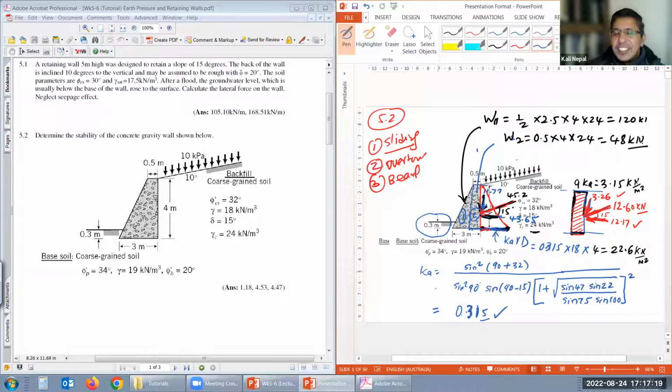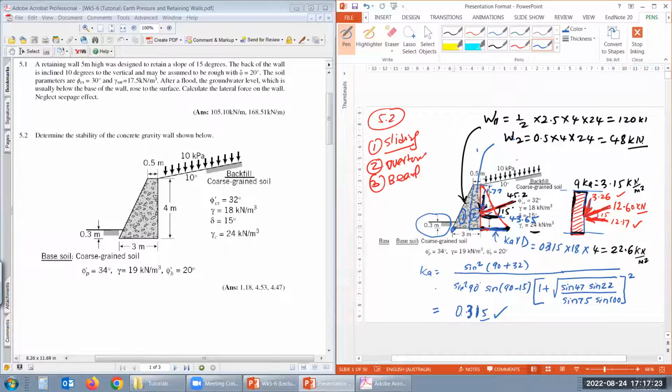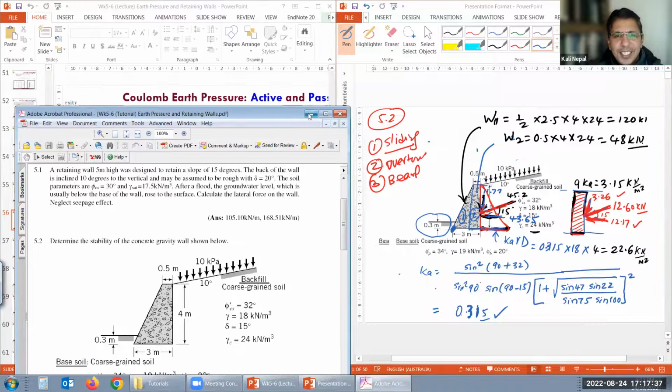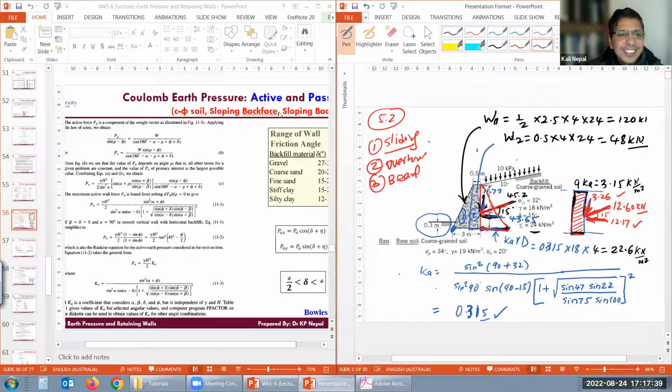All right, so this is the point where you need to check all those calculations. So first let's do the sliding. Oh, I want to see this data, but I need to go to the next page. How do I do it? Can I open another one on the left side?